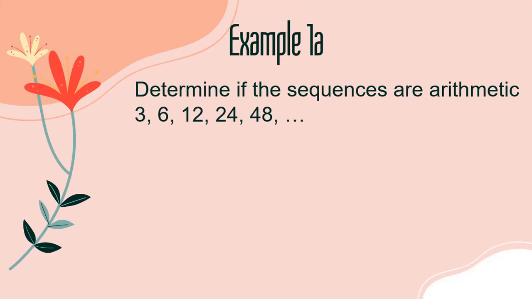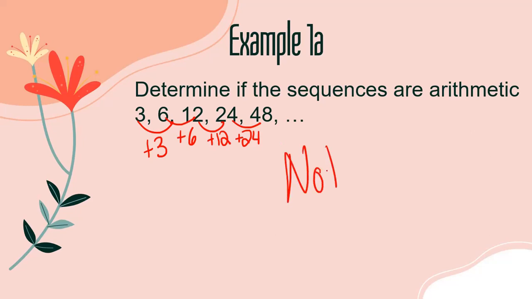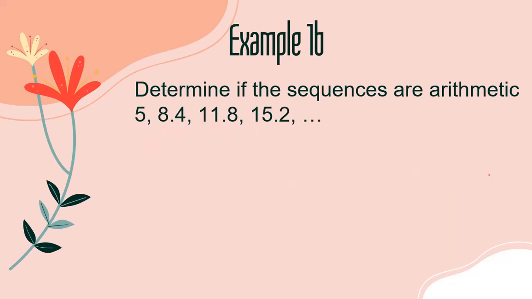So first, let's determine if this is arithmetic or not. Well, I'm looking for a constant difference. So 3 to 6, that is adding 3, right? 6 to 12, adding 6, then adding 12, then adding 24. Definitely not arithmetic, because it's not a constant amount we're adding by. Let's try this one.